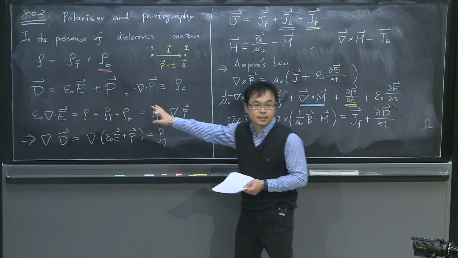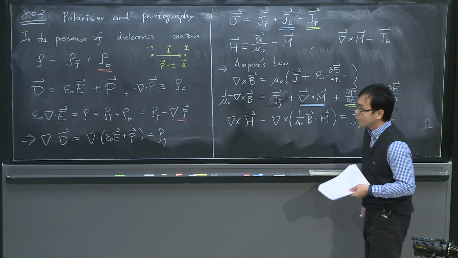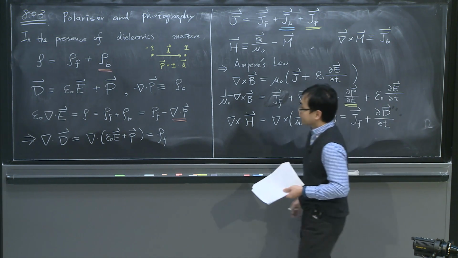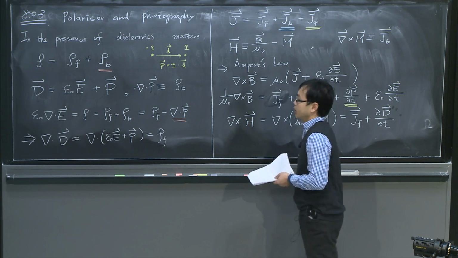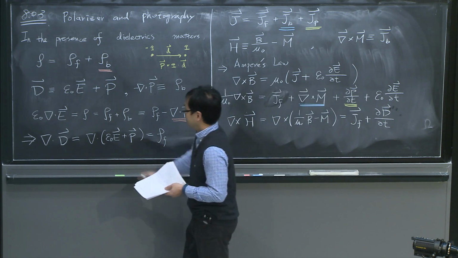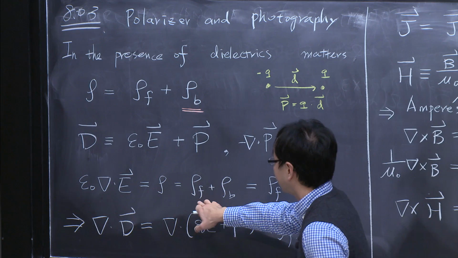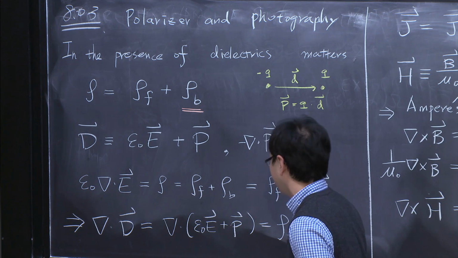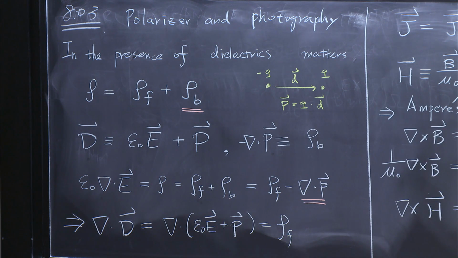If we have this definition, we can continue and write down the Gauss law: epsilon 0 divergence of E will be equal to rho. Under our classification, there are two components, rho F and rho B, the free charge and the bound charge.